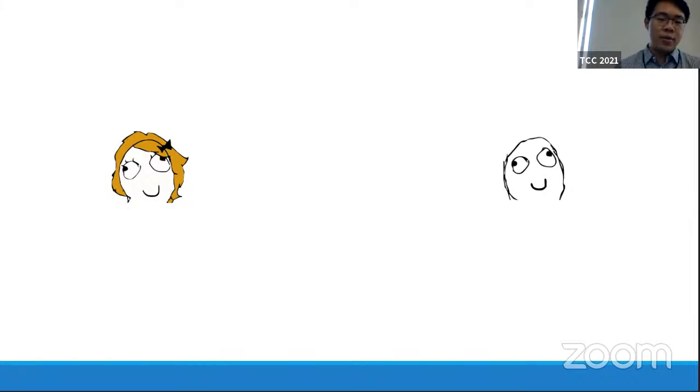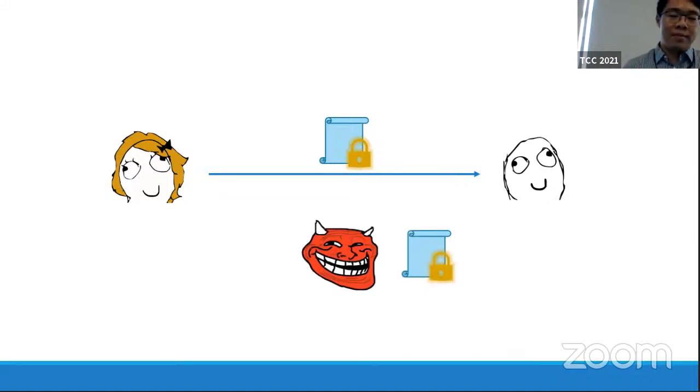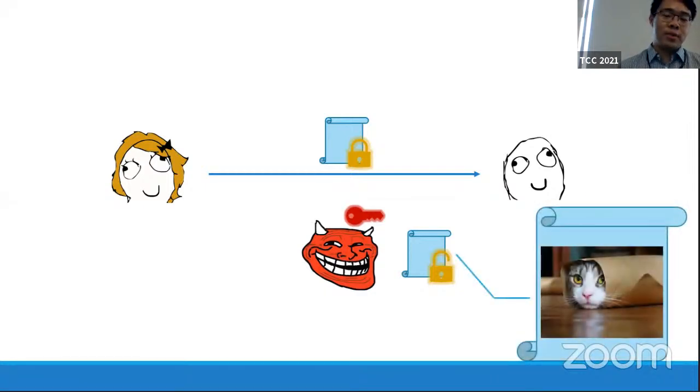The second example is also quite similar. Alice sends over an encrypted document, and the eavesdropper makes a copy. Then at a later time, Eve asks Bob for a private key. However, instead of providing the actual private key, Bob can provide a fake private key, which will still allow Eve to decrypt the document, but this time to a fake message, for example, a cute picture of a cat.